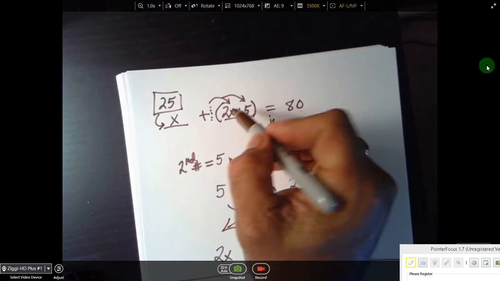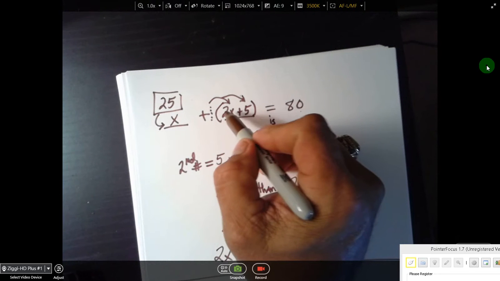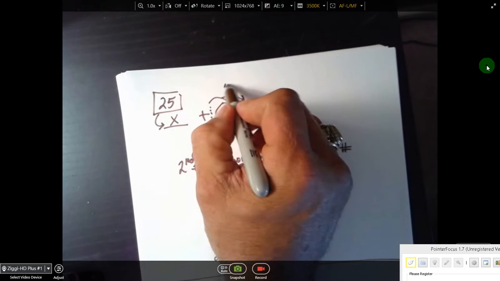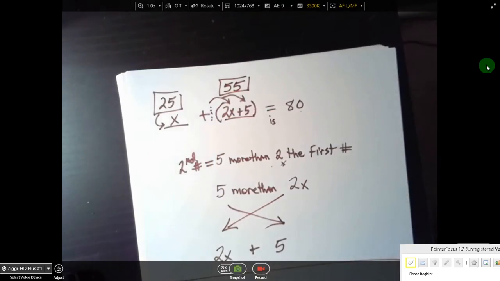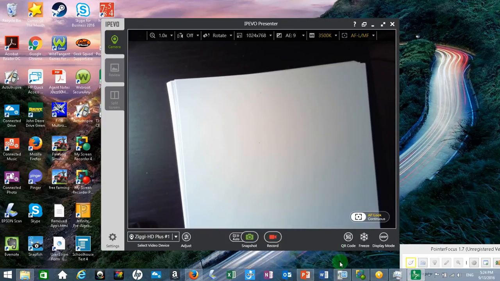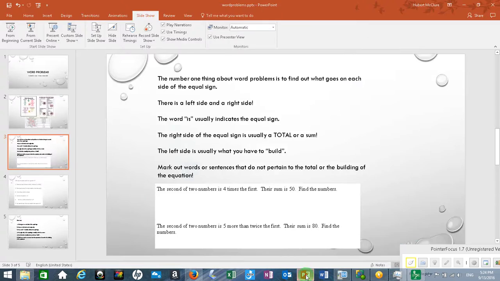Plug 25 in here. 2 times 25 is 50, and 50 plus 5 is 55. Now add those two together and you should get 80. So word problems, like I said, you just need to practice them, because you can't find the tricks if you don't practice.